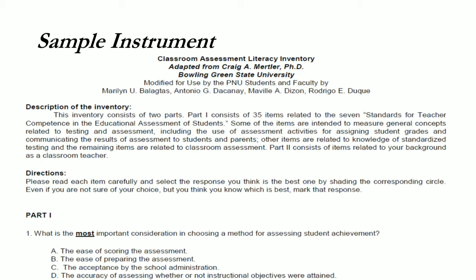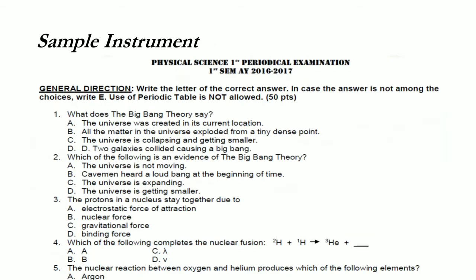And then in paper and pencil tests, when you need to determine a level of achievement, for example, or level of understanding or conceptual understanding, normally we use a paper and pencil research instrument.